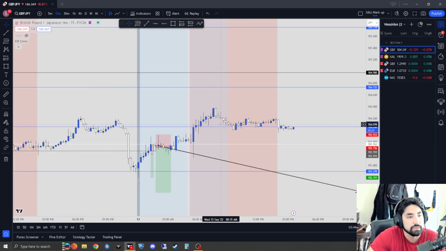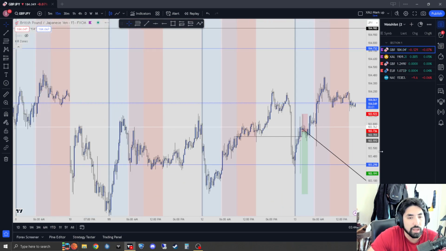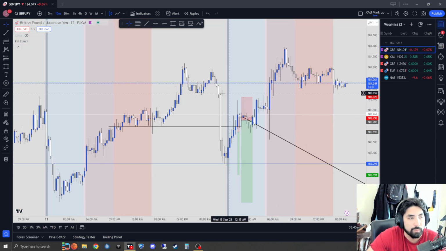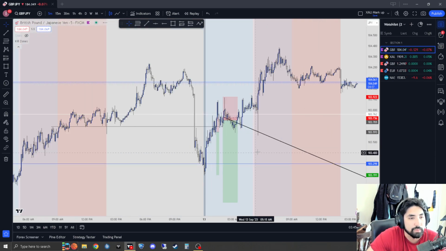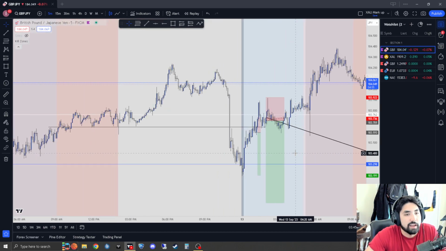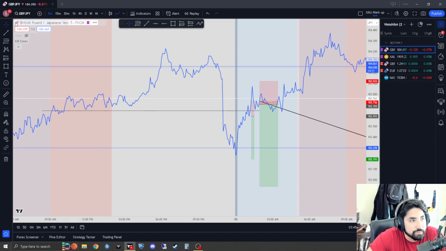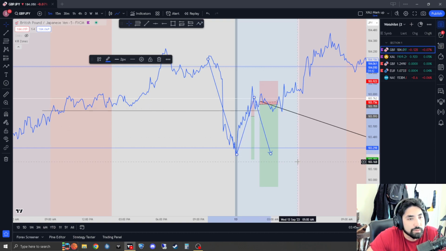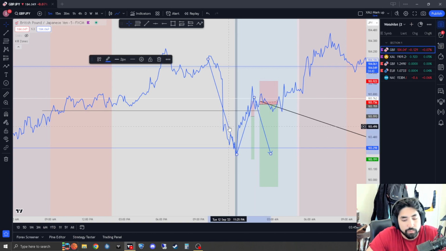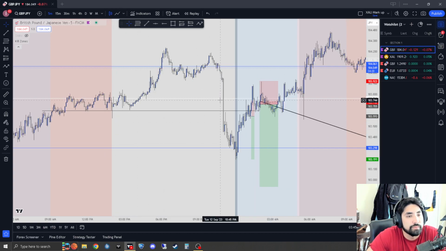Once that happens, I was looking at an example here off of the 5-minute time frame. We did have price come down. If you see here on the lower time frame, we do have a break of structure, a retest, and then I was looking for a potential move down to these lows here. It didn't play out, so let's see why.